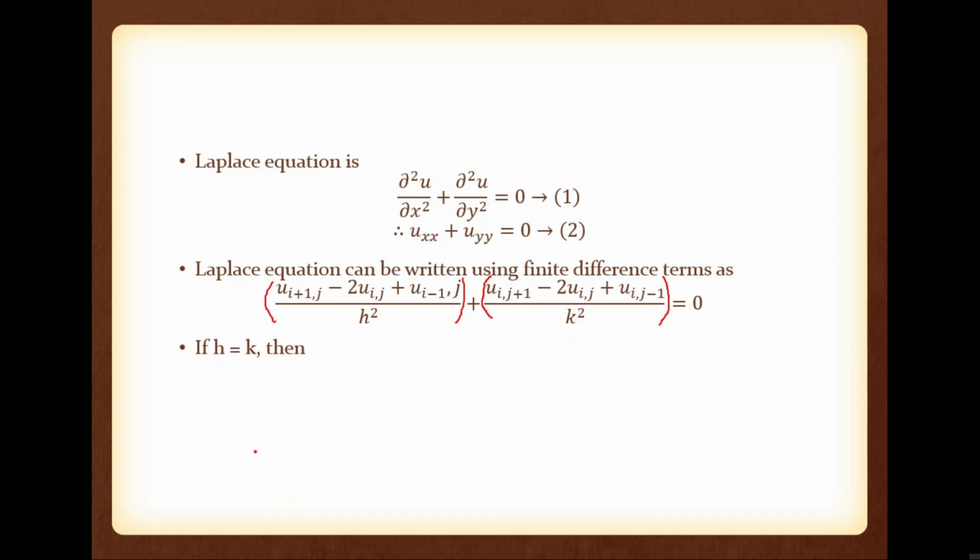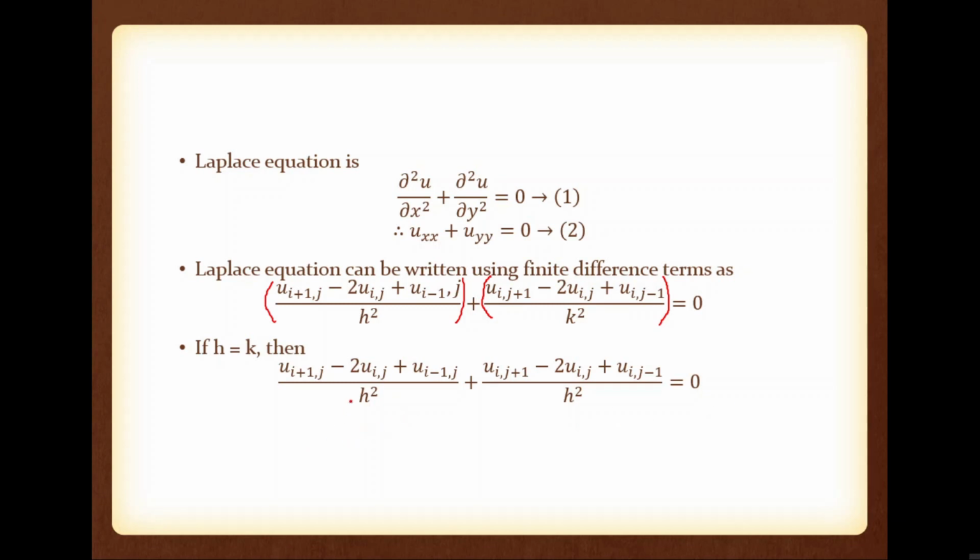So then we can write, after replacing k with h, u(i plus 1, j) minus 2 u(i, j) plus u(i minus 1, j) divided by h square plus u(i, j plus 1) minus 2 u(i, j) plus u(i, j minus 1) divided by h square, that is equal to 0.